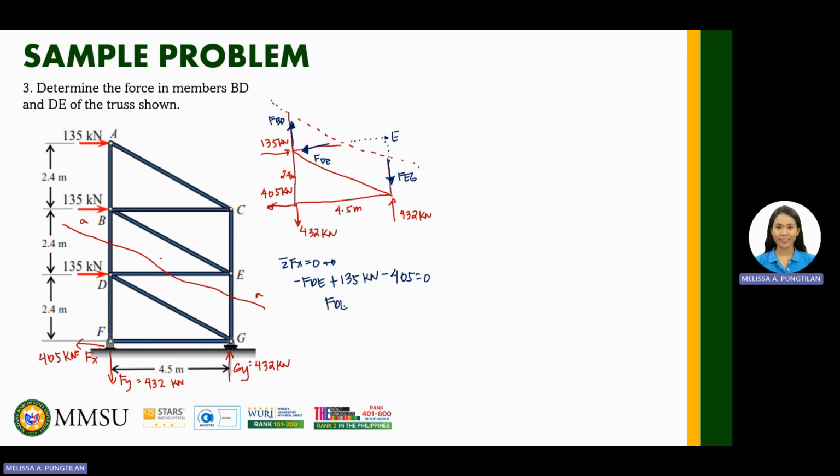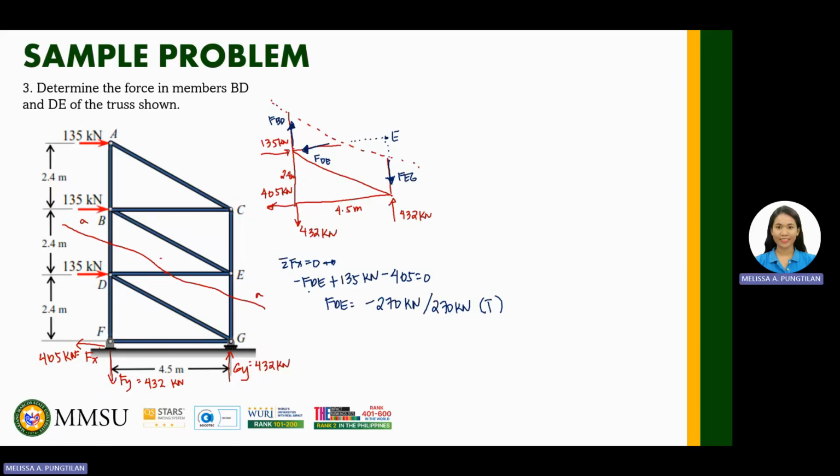So FDE is equal to negative 270. Okay, mali yung assumption natin. So, negative 270 kilonewton or 270 kilonewton in tension.